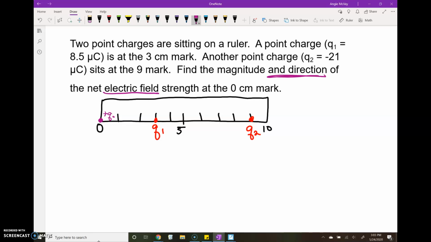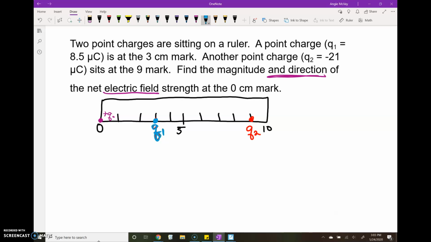Okay, so because of that, I'm going to change Q1. Let's make Q1 blue here. Q1 is going to be blue.